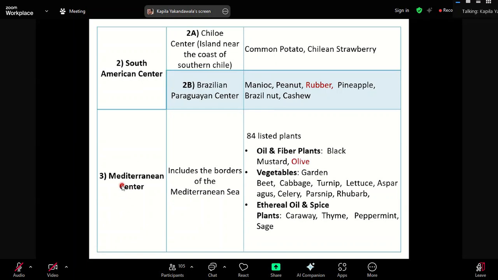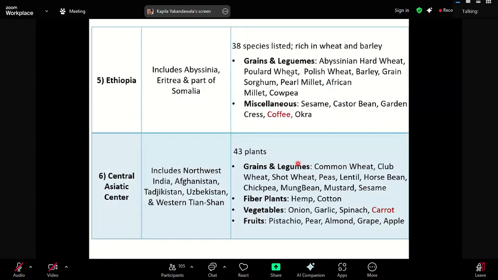Mediterranean Center, which includes Greece, Turkey, Spain-like countries: olive. Then Ethiopia: coffee. Central Asiatic Center: carrot.